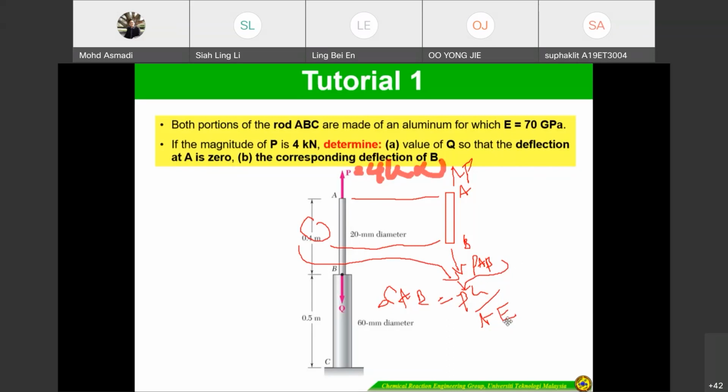And then the area is in terms of the cylinder because it's a rod, so pi over 4 times D squared, because the diameter is 20 millimeter. And E is given. So you substitute, and you can get the deflection of AB.